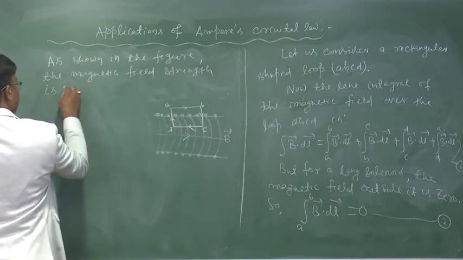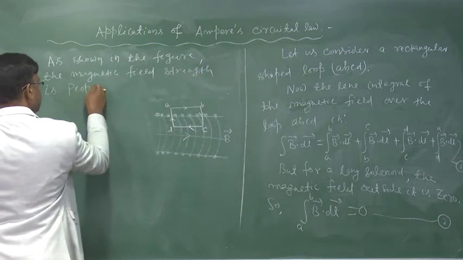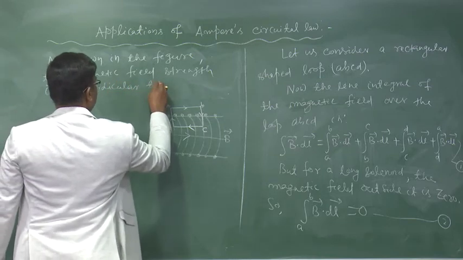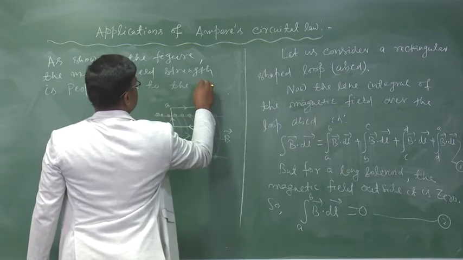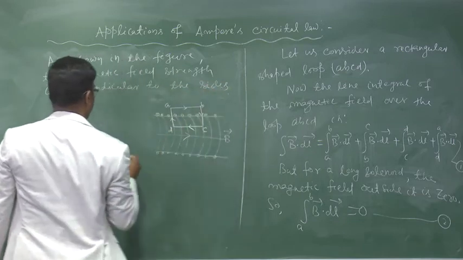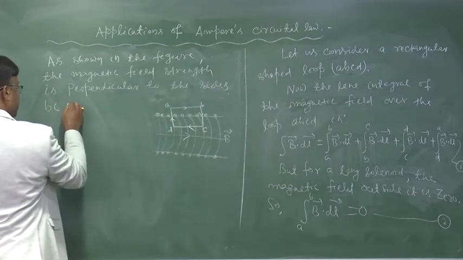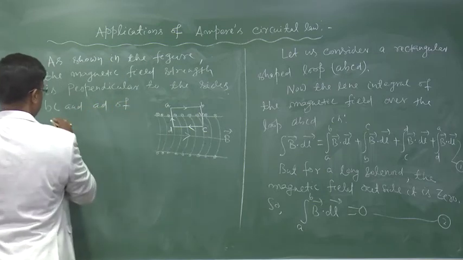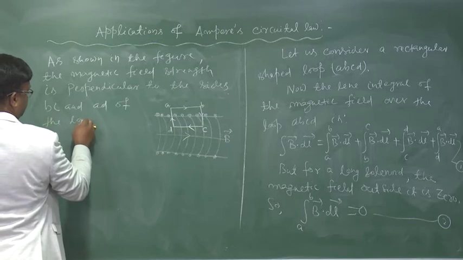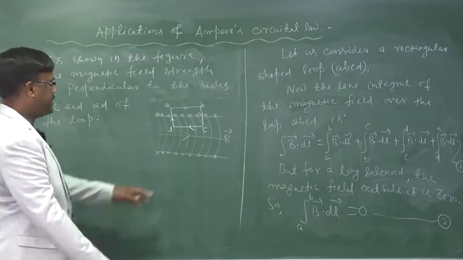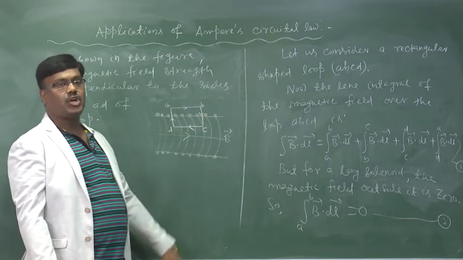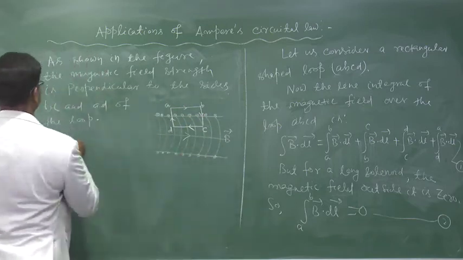Since B is perpendicular to BC and AD, their dot product will vanish.